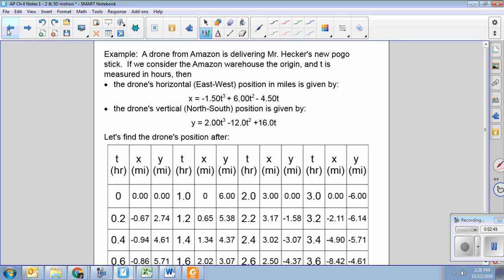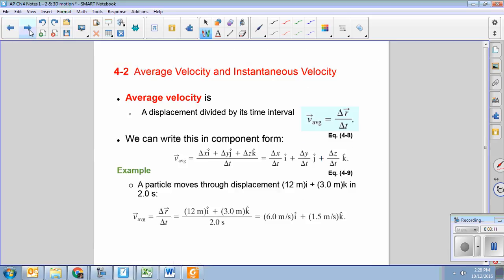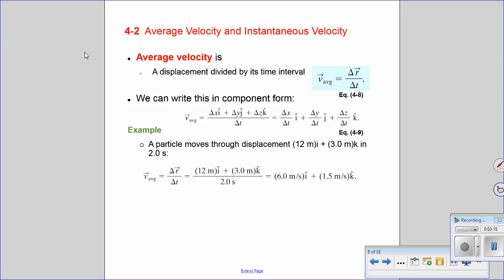If I want to find the velocity at any given instant, I'm going to find the horizontal velocity by taking the derivative of this guy, and the vertical velocity by taking the derivative of that guy, and then I've got the velocity in unit vector notation, right? I will illustrate that now. That's sort of where we're headed. So let me embiggen this so you guys can see it a little better.